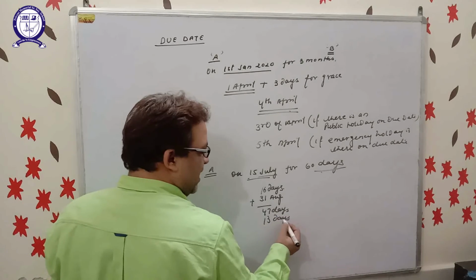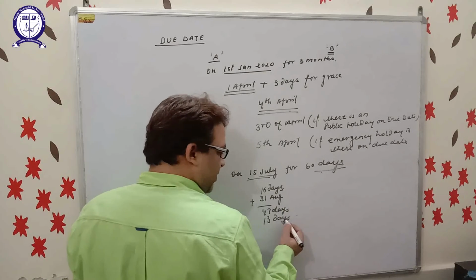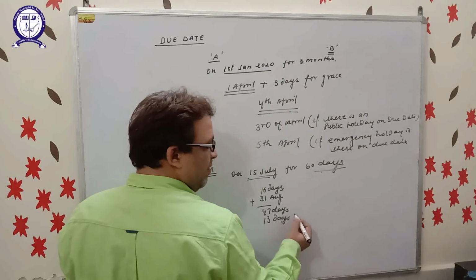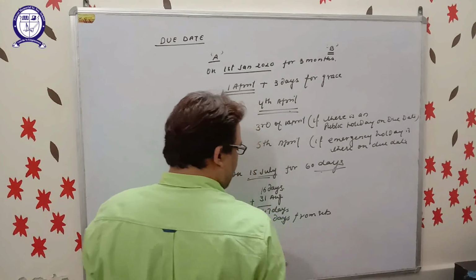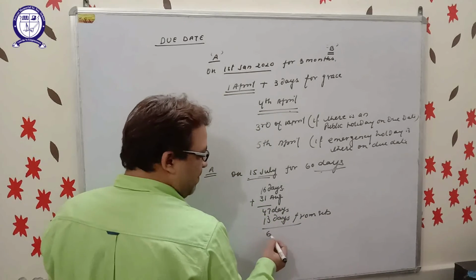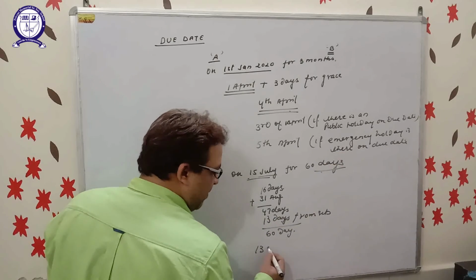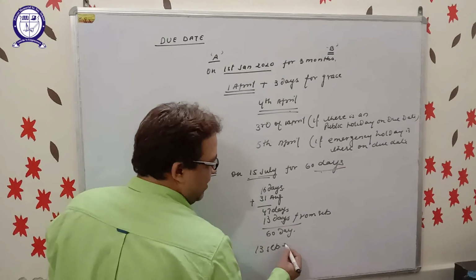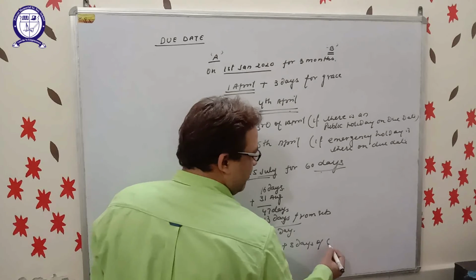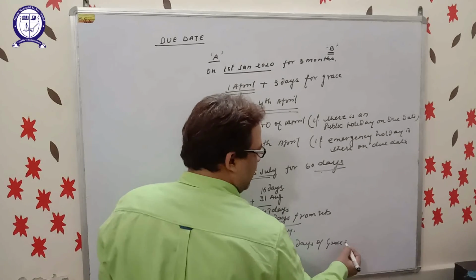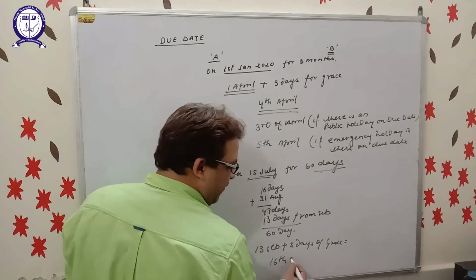So 13 days will be taken from the month of September. So the due date of the bill is 13th September plus 3 days for grace. So the due date of the bill will be 16th of September.